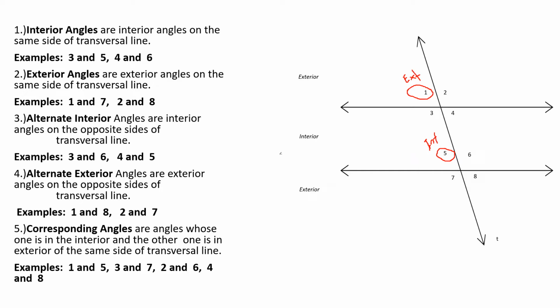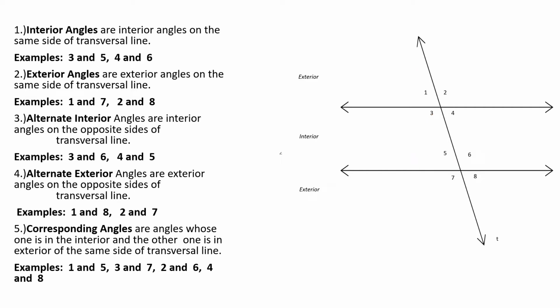So as you can see, there is a gap of one angle between the two corresponding angles. One angle is located at the exterior part of our transversal line, and the other angle paired to that is located inside our transversal line, or what you call an interior angle.